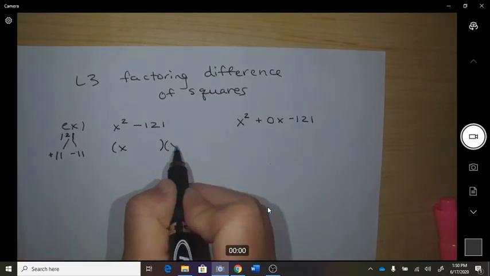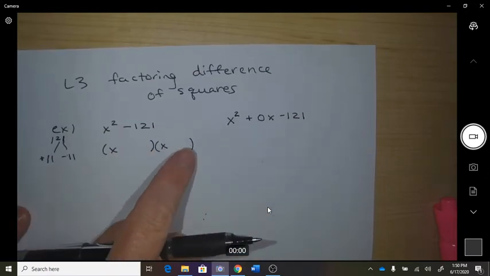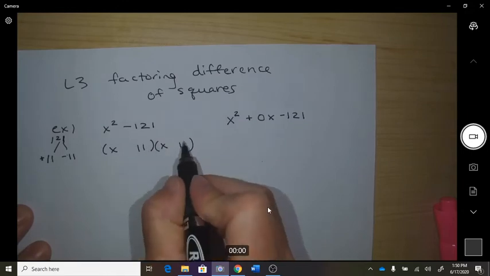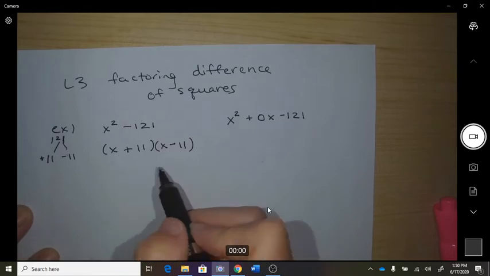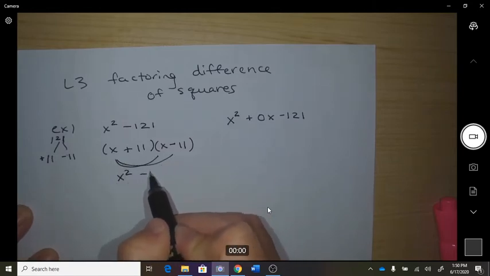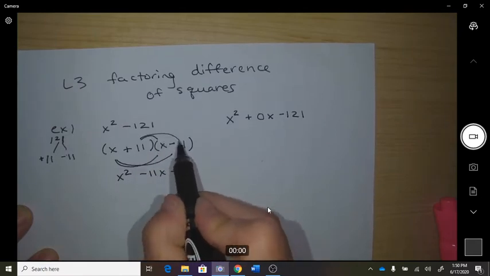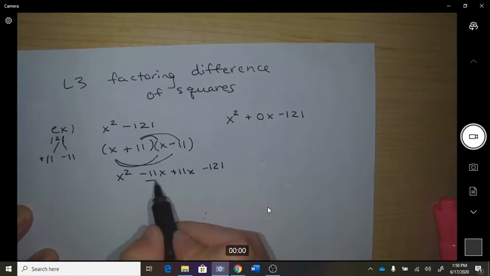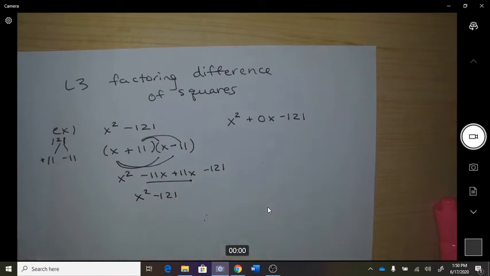So x and x, first times first, and your last times your last is 11 times 11, plus and minus, so that when you FOIL, so let's FOIL this, we get x squared minus 11x plus 11x minus 121. And then when you add those together, they would make 0 and it would be gone. So you can see how that works. Okay.